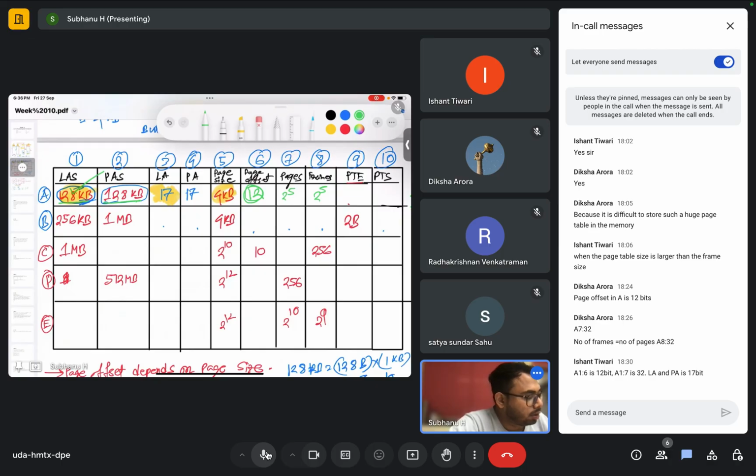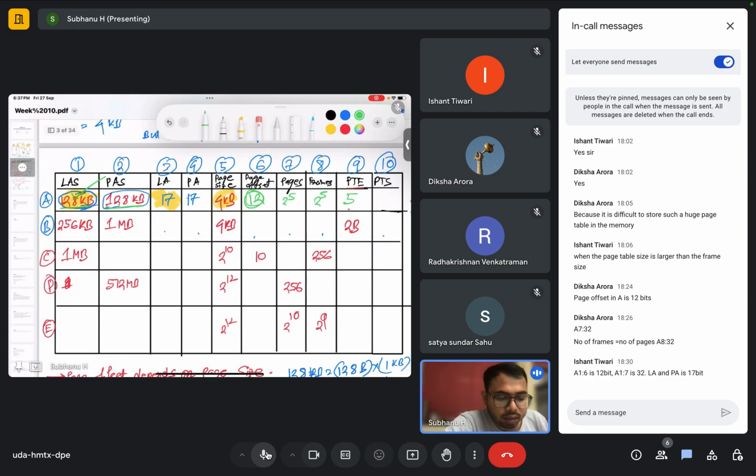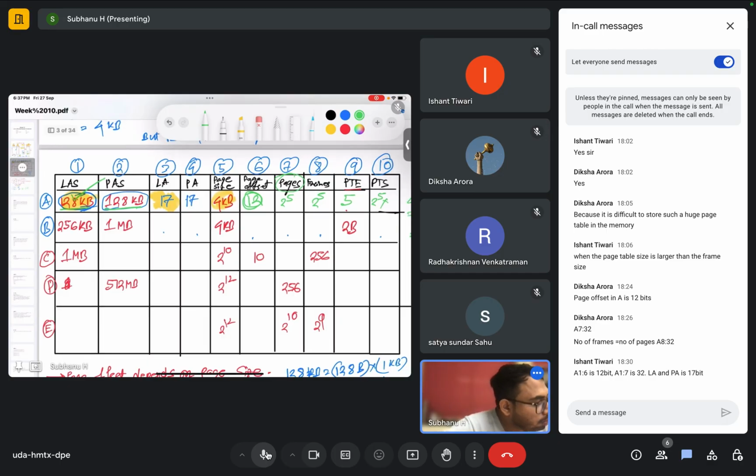So I can write 128 KB as 2 to the power 7 into 2 to the power 10, that is 2 to the power 17 bytes. So this is 17. Now what is the physical address space?